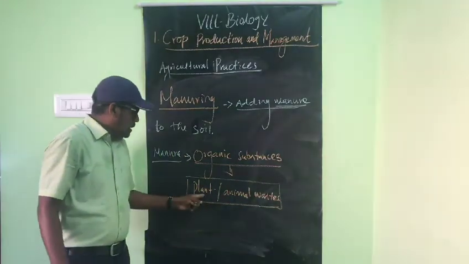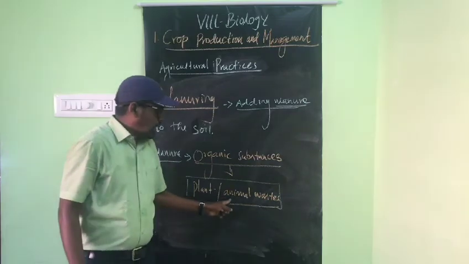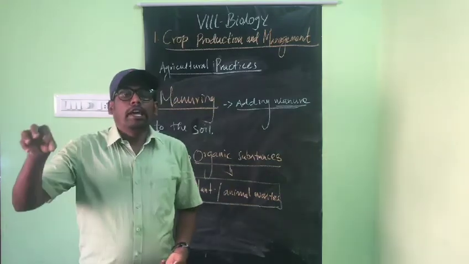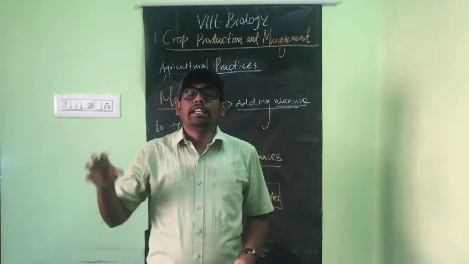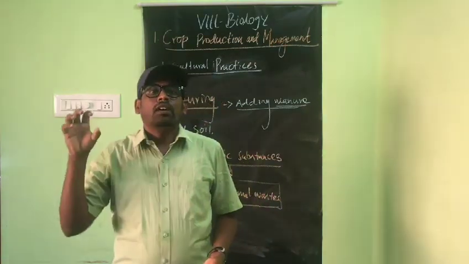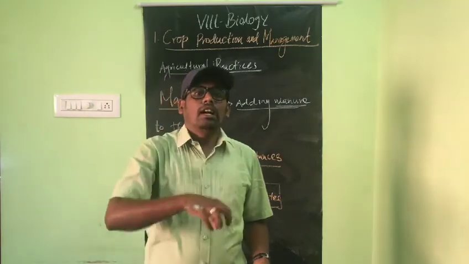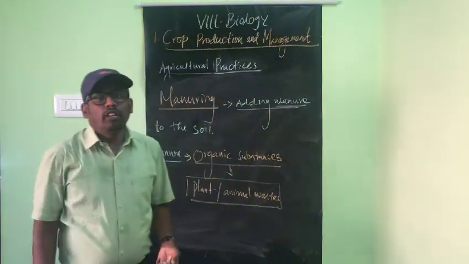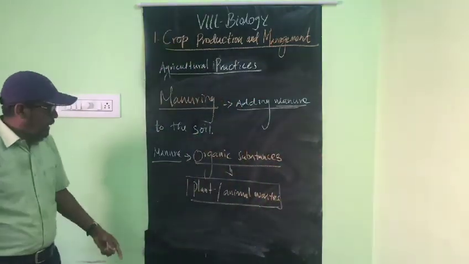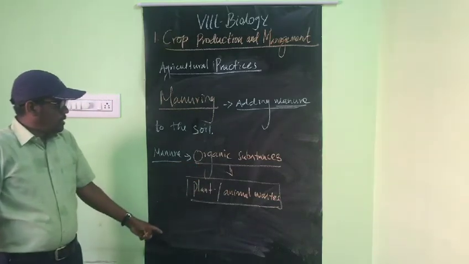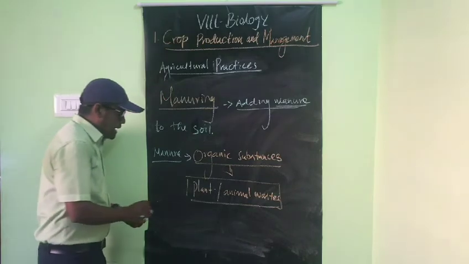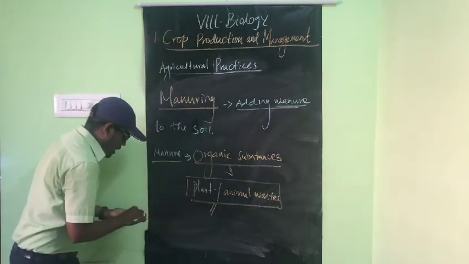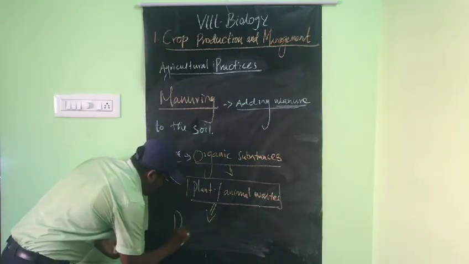When there is plant waste and animal waste, the microorganisms decompose it. What is decomposed? To break down the complex into simpler and absorbable form. That is called decomposition. Again, the organic substances come from the plant and animal waste.